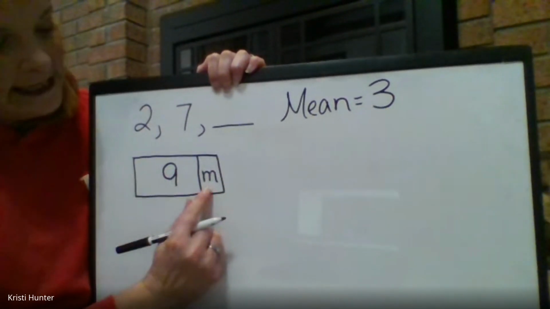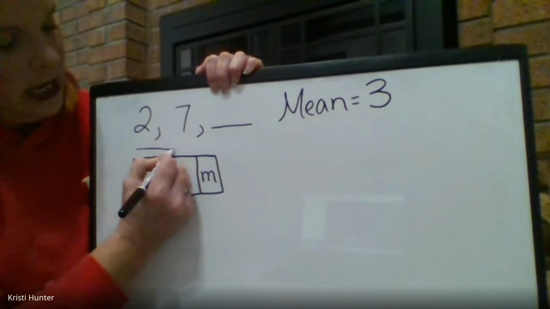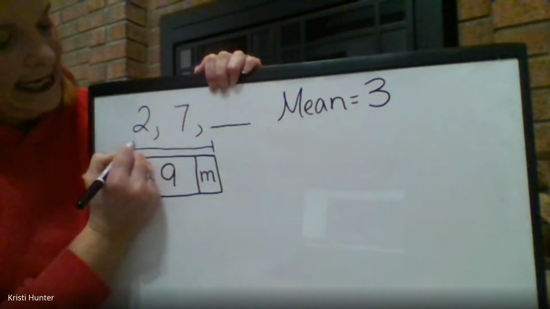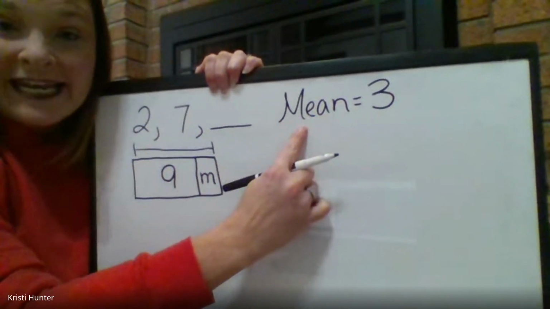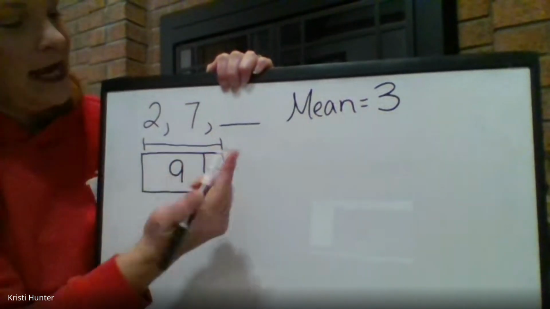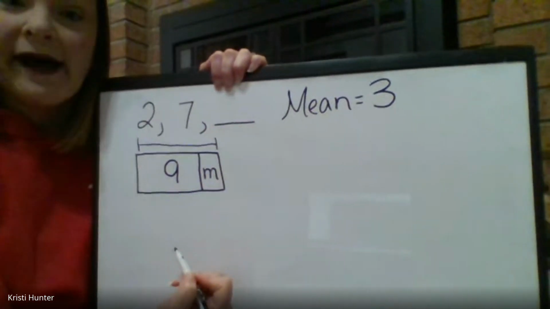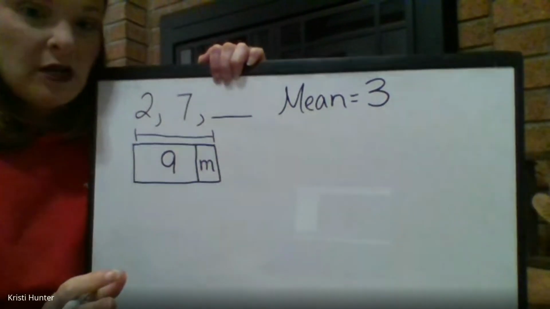So my missing here is got to give me the whole. Now to find the whole, yesterday we divided by our total number. So today what I'm going to do is I'm going to undo that and go backwards. So I have to think, what's the opposite of division?